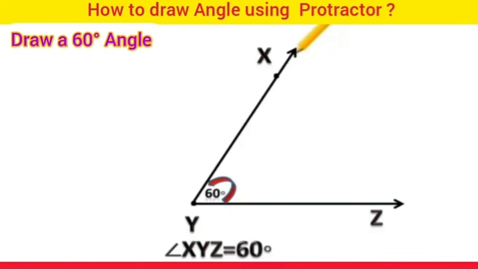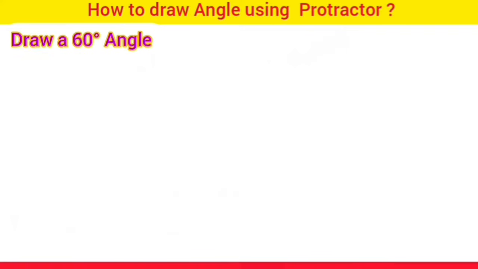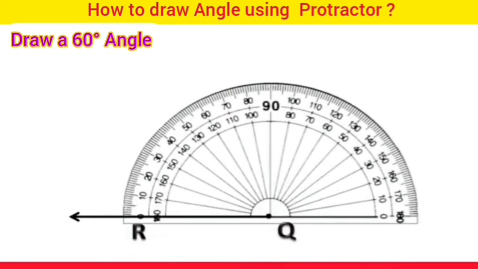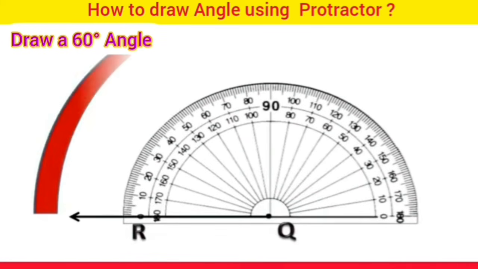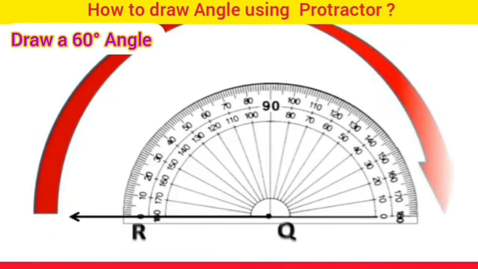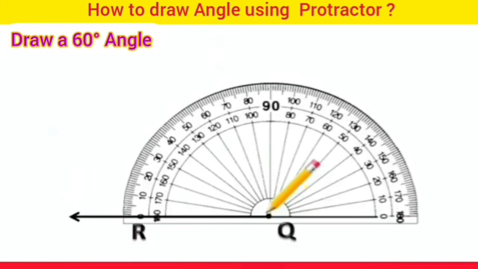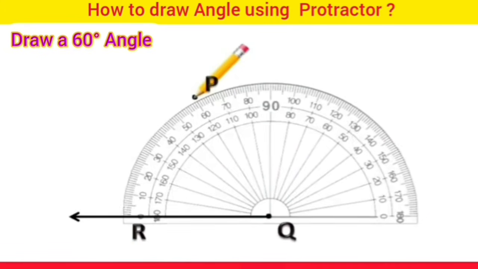Now let us see when do we use the outer scale of the protractor. In this ray QR, Q is the vertex point and R shows 0 degree from the outer scale. Now we will take this 60 degree corresponding to this 0, that is 60 written at the outer scale of the protractor.